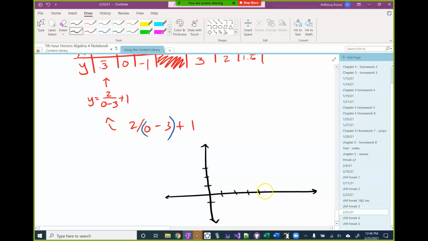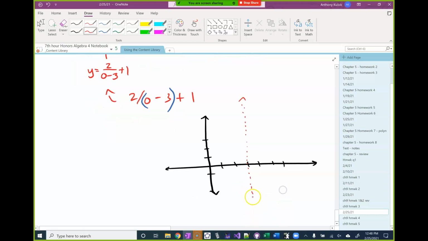So I'm going to find 3 on the x-axis and then just draw straight up and straight down. 1 is my horizontal asymptote, so I'll find 1 on the y-axis and just go straight over. Everybody good with how we draw in those asymptotes? And usually we use a dashed line like this as the standard.